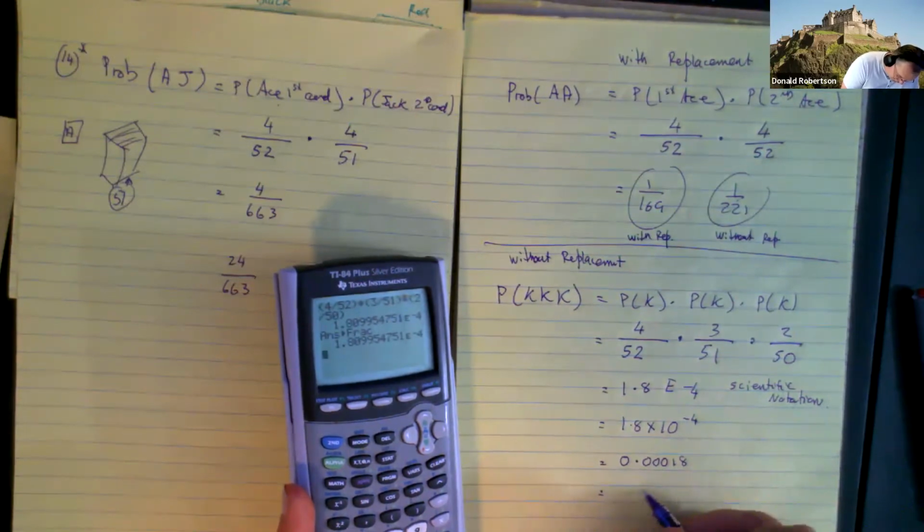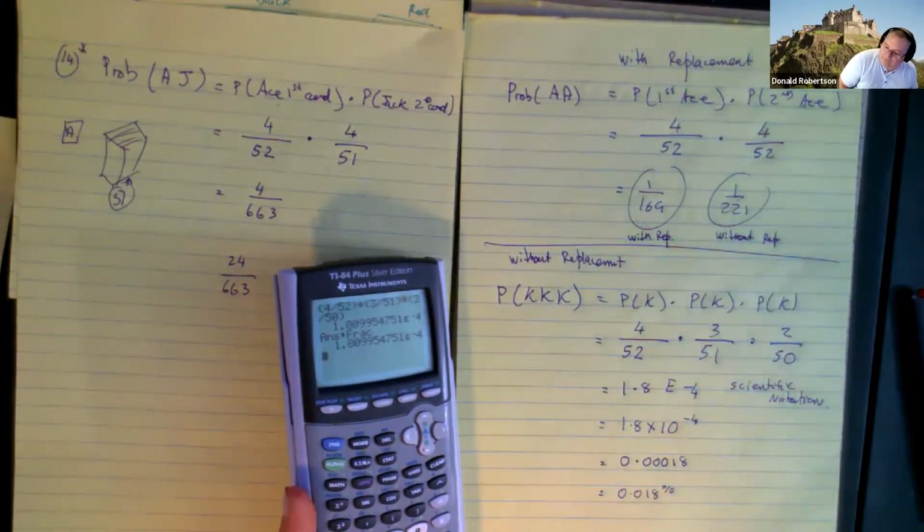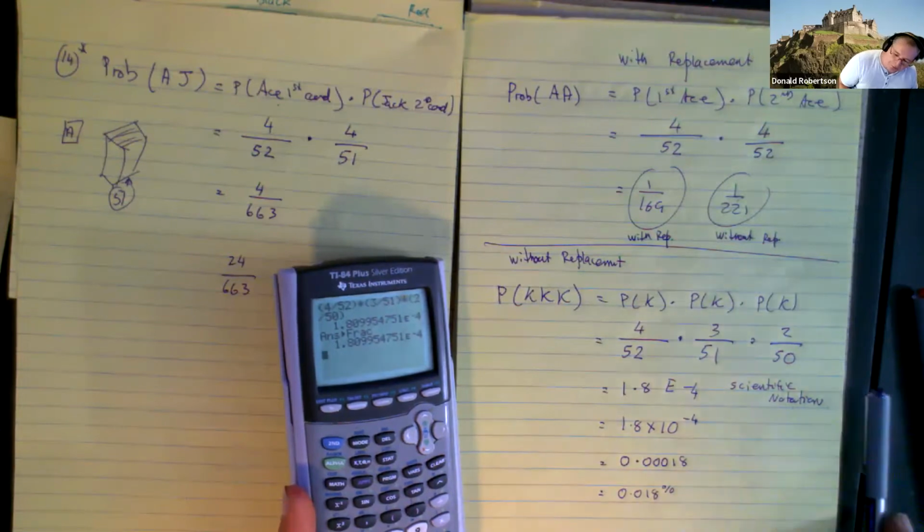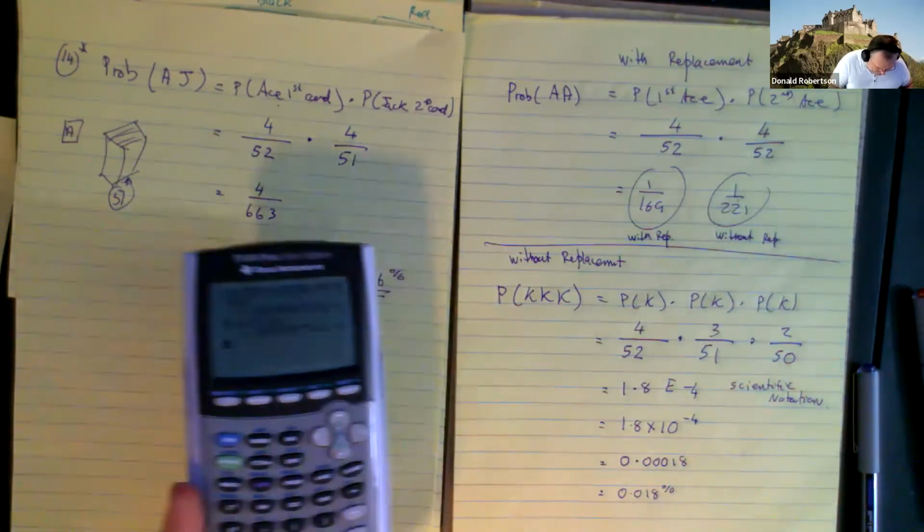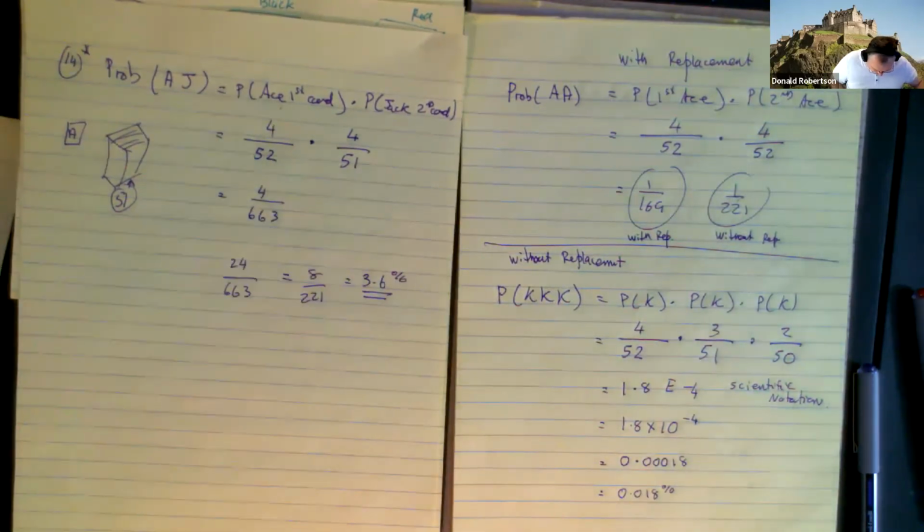If you want your answer as a percentage, so you are probably going to see 3 kings dealt to you roughly 1 in every 50,000 hands.